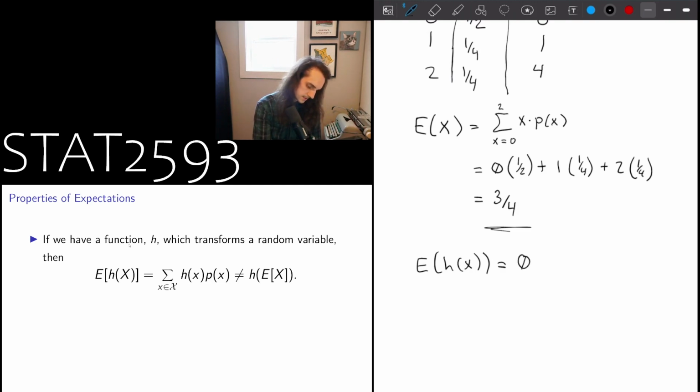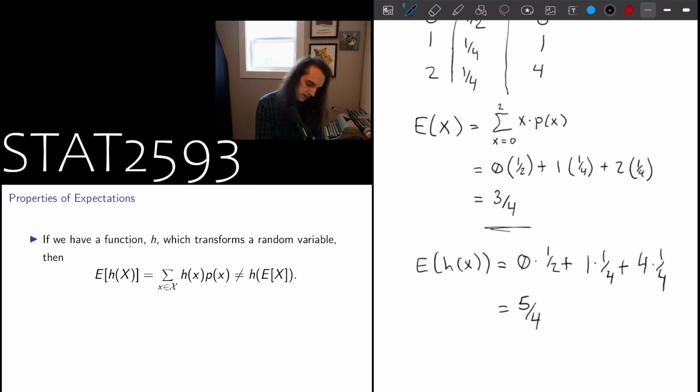So that's going to be 0 times 1/2 plus 1 times 1/4 plus 4 times 1/4, right? And so now, in this case, we're going to get 1 over 4 plus 4 over 4 is 5 over 4, right? And we can see 5 over 4 is not the same as 3/4 squared, right? So the expected value of x squared does not equal the expected value of x quantity squared.